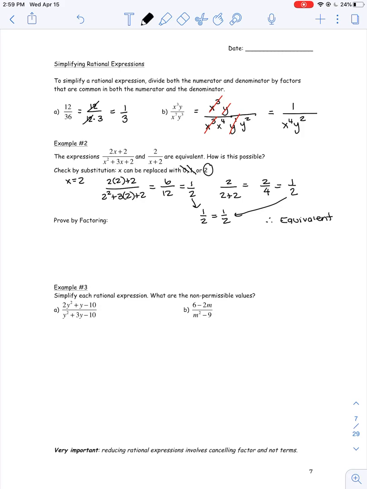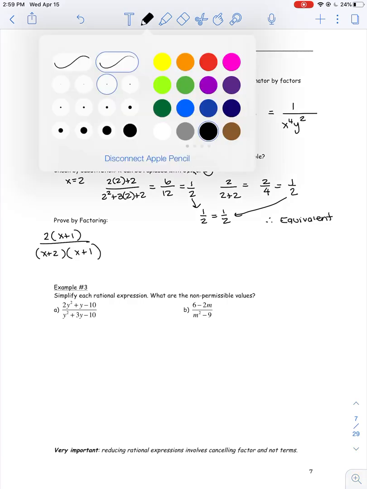So as long as you substitute and they give you the exact same answers, then you will find that they are equivalent. Another way of proving that they are equivalent is by factoring out the common values. So for 2x plus 2, I'm going to take out the common 2 at the top. So I'm going to factor the top. And I'm going to factor the bottom as 2 brackets. 2 numbers that multiply to 2 and add up to 3 would be x plus 2 and x plus 1.